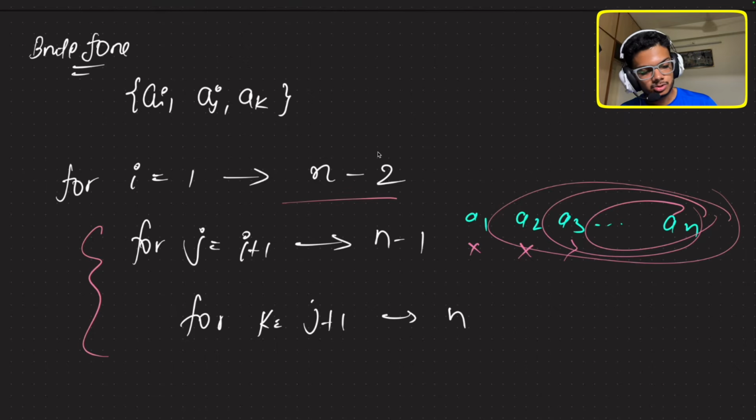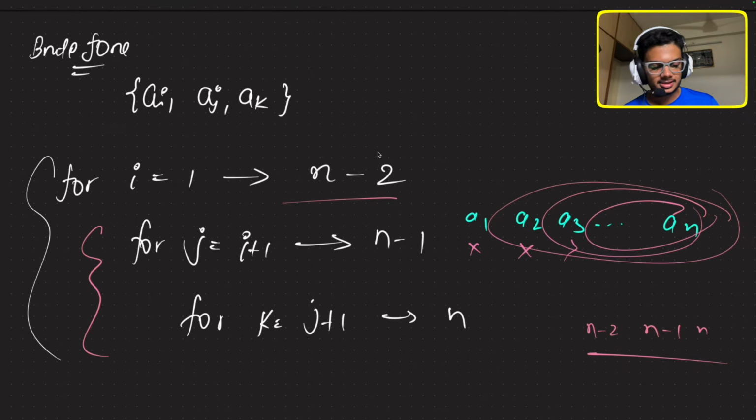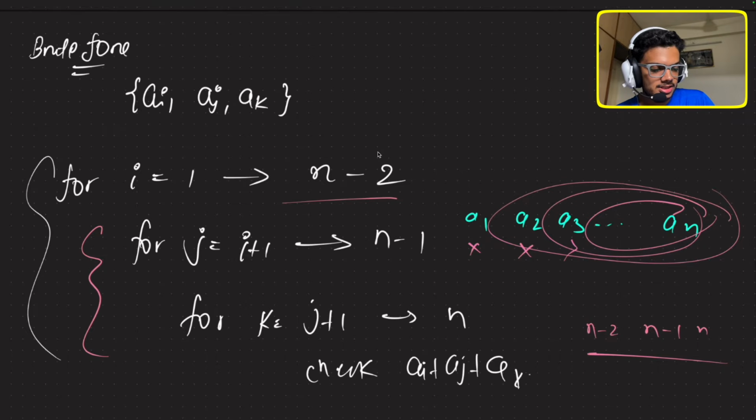I go till n minus 2 because the last possible triplet will be formed by n minus 2, n minus 1 and n. So you can write a nested loop here and find all the possible triplets, and whenever you have a triplet, you can simply check whether ai plus aj plus ak is equal to x. If it is, then yeah, you got your answer, right? So this nested loop is there to enumerate all the possible triplets.